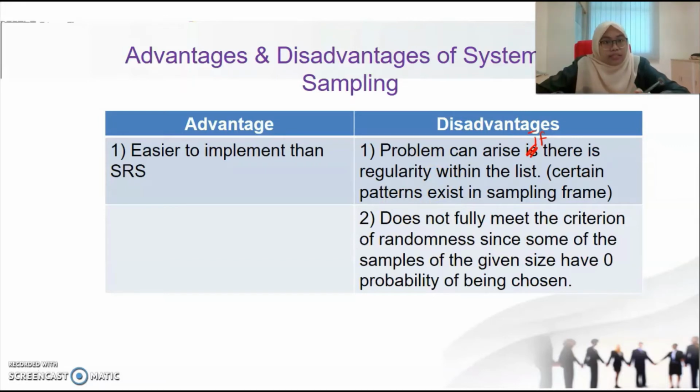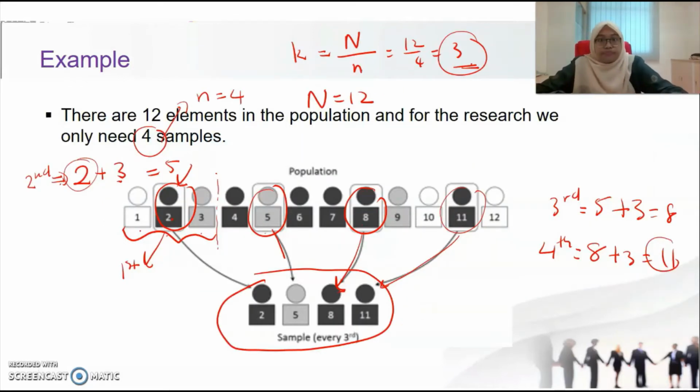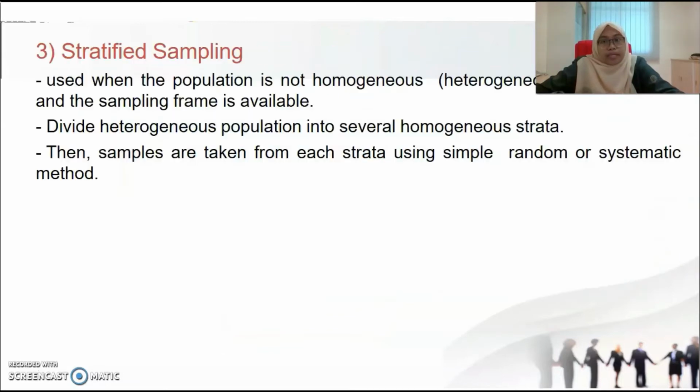The second disadvantage is it does not fully meet the criterion of randomness, since some samples of the given size have zero probability. Like my example before, because my first sample is number 2, number 3 and number 4 have zero probability of being chosen. So this is the disadvantage of systematic sampling.